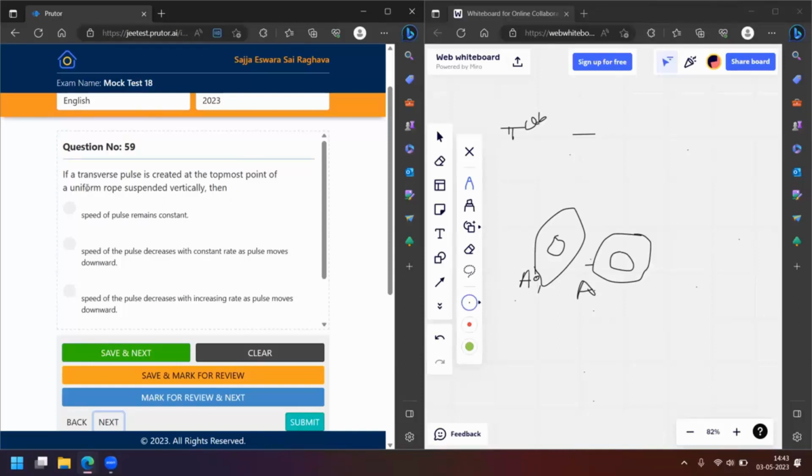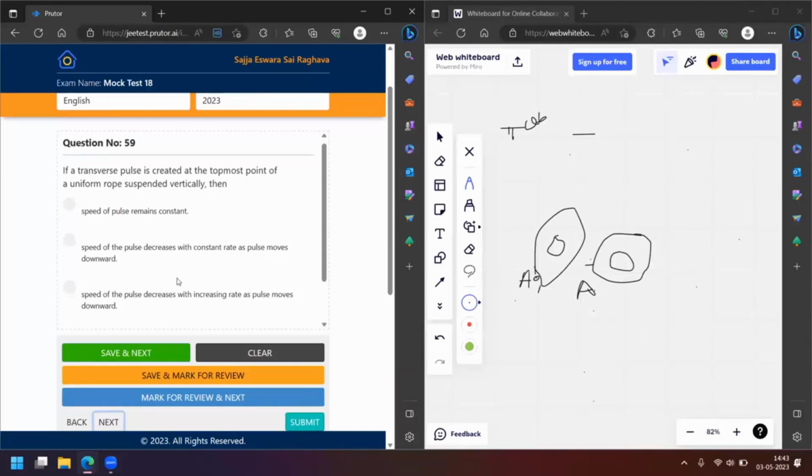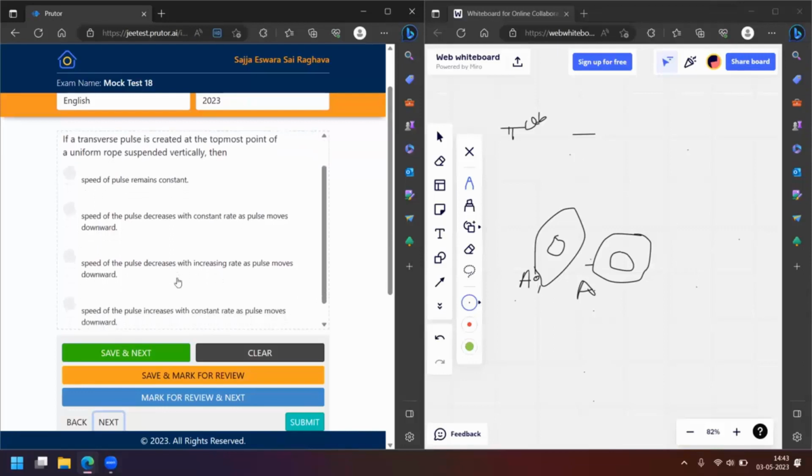But here it is a uniform rope, so that means it has a certain mass, so the tension will change and the tension at the top will be greater than at the bottom. So I think the speed will increase as the tension increases.